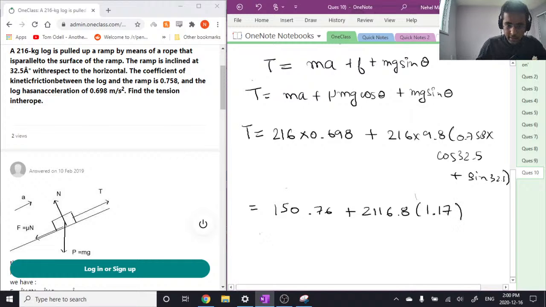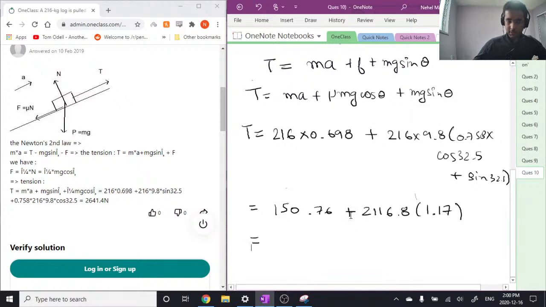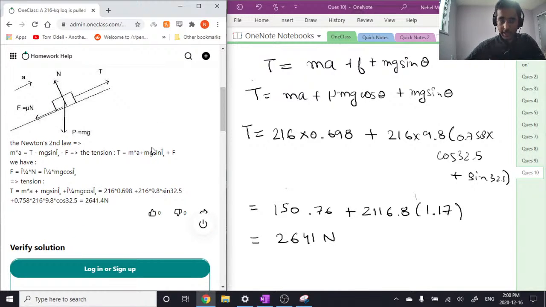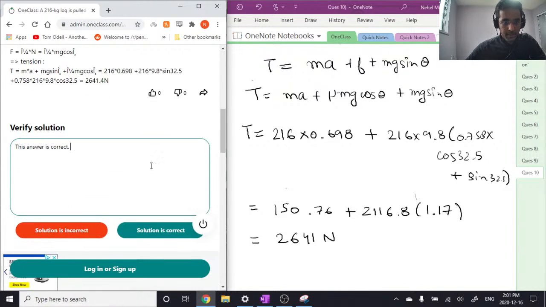And then this final answer is equal to 2641. Okay, perfect. So they also got the same answer. So this answer is equal to 2641 Newton. Perfect, this answer is correct. And they've applied the same free body diagram and equations of motion.